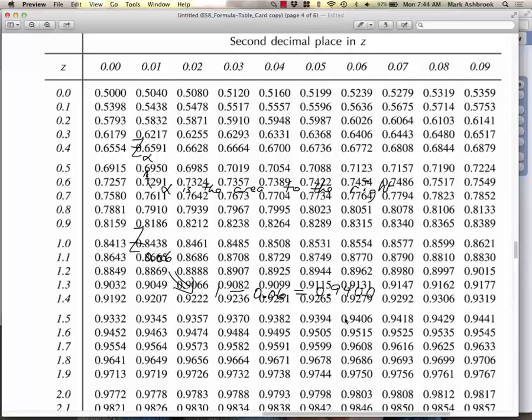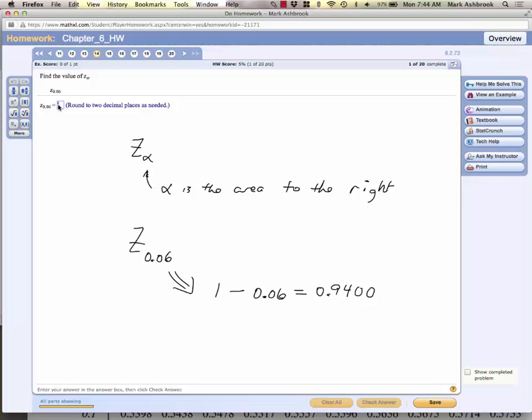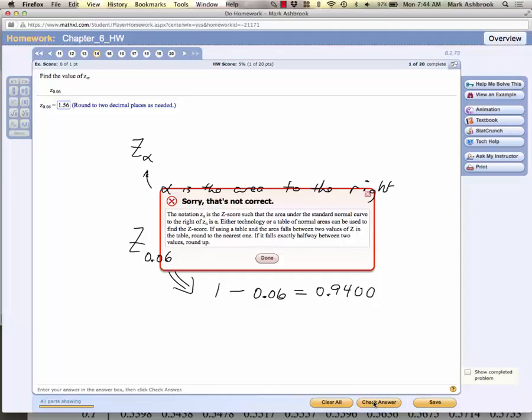Yeah, so it's halfway between. So what are we looking at? 1.55 or 1.56? We have to see what they want the answer to be. Agree with that? Rounding up would be 1.555, so that would round up to 1.56.